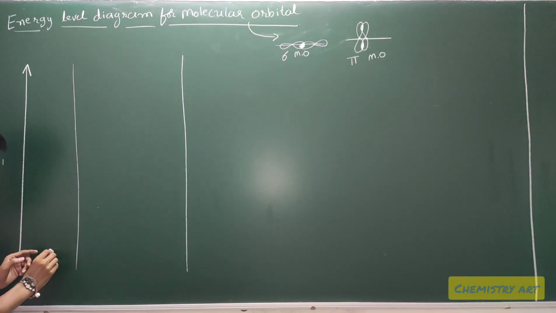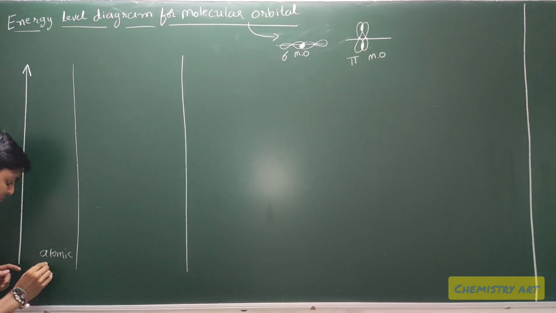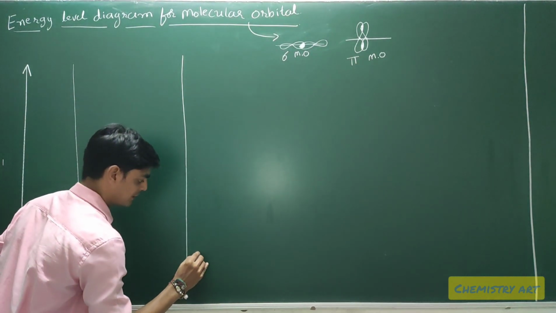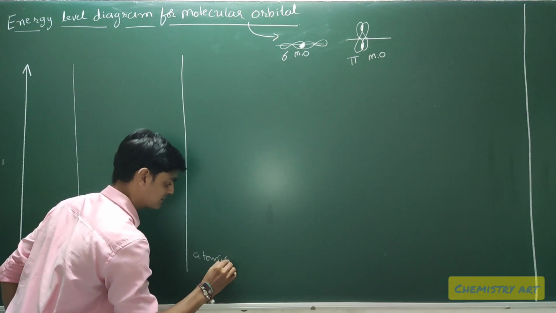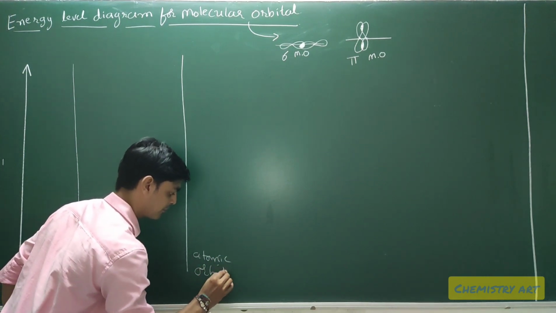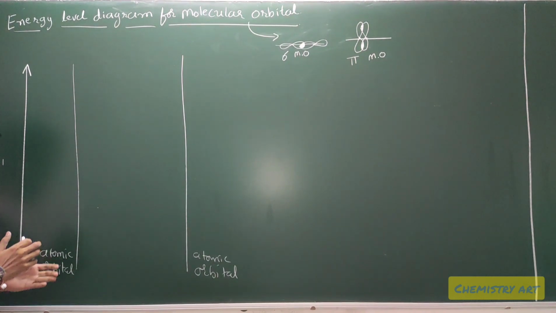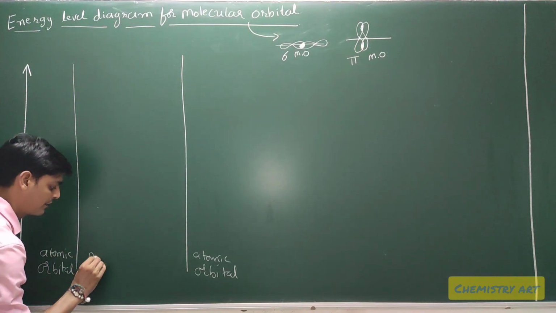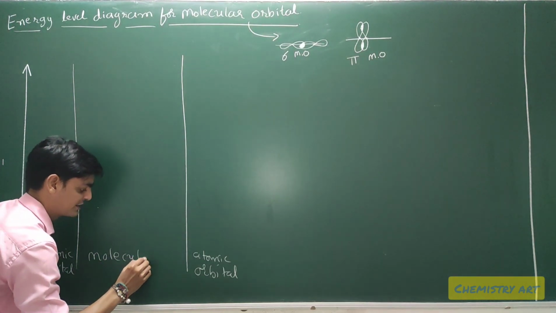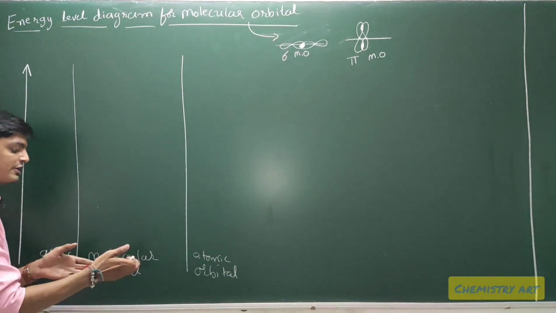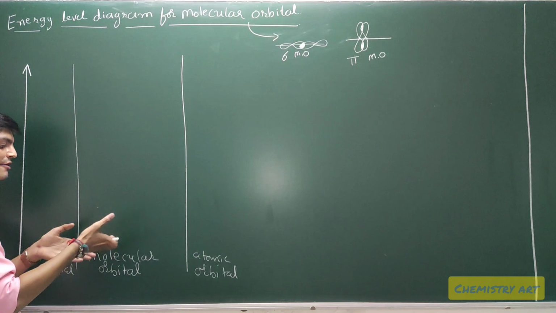So here suppose we have an atomic orbital, and here I will write another atomic orbital. And the molecular orbital which will form here, I will represent here.